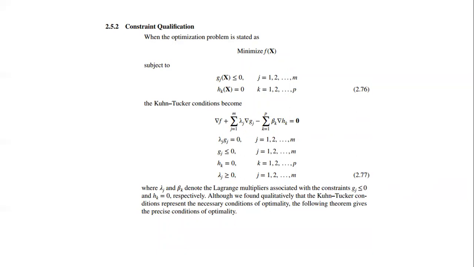Okay, now a minimization problem with both inequality as well as equality constraints. In this case, we include both of them, your lambda j as well as your beta k. Those are your Lagrange multipliers. Now you may ask why there is a negative sign in this one and a positive sign in this one.